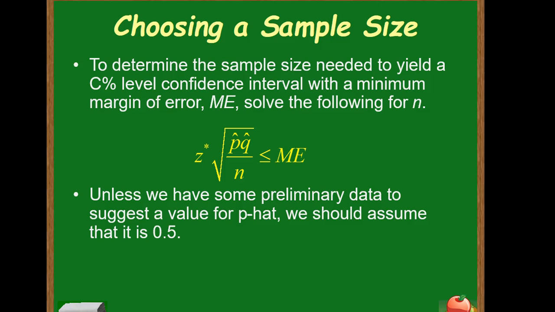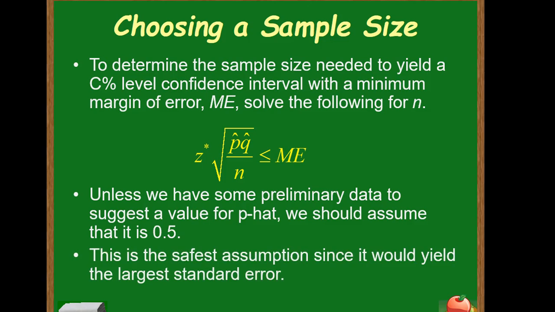The reason why is if you play around with the numbers, you'll find that the biggest product that we can get for P hat Q hat is going to come from 0.5 times 0.5. Otherwise, it's going to be steadily decreasing from there if we make changes. So we'll take the most conservative approach we can, which is to assume that P hat is 0.5. And again, that is the safest assumption since it yields the largest standard error that we could get.